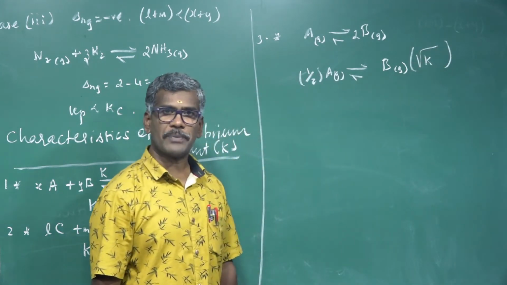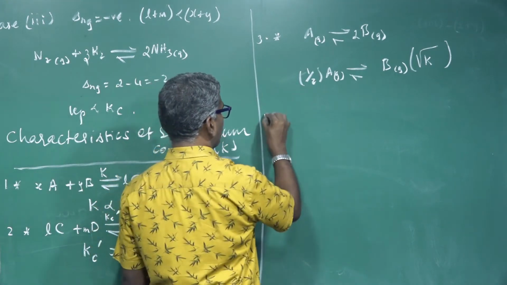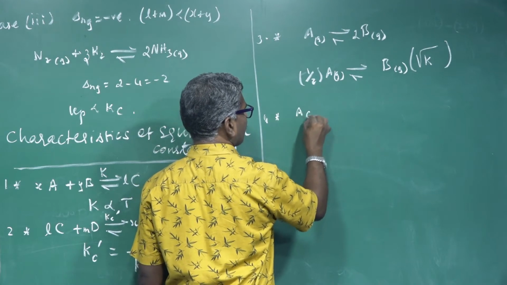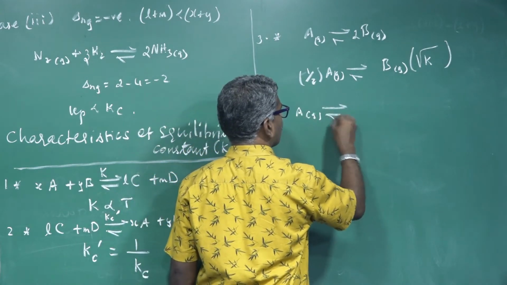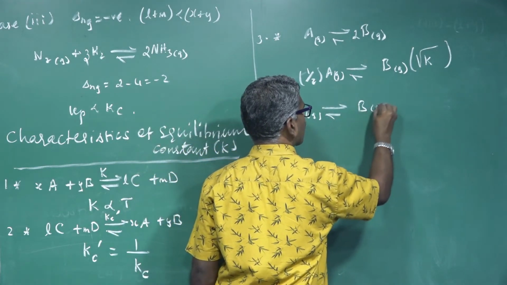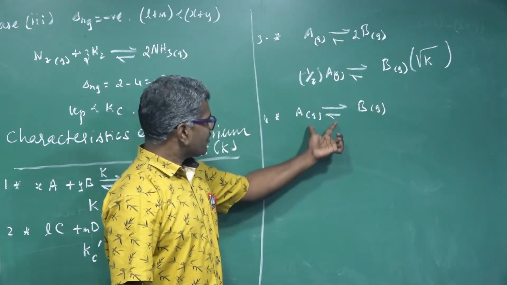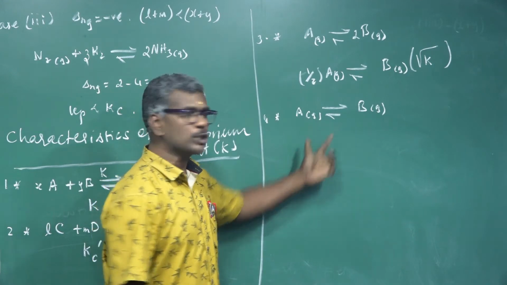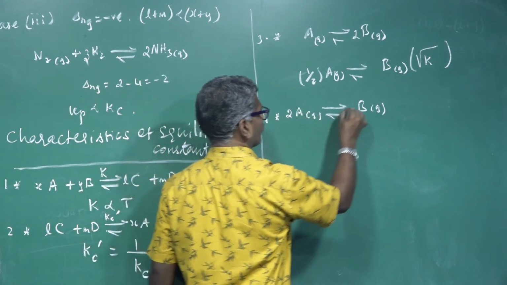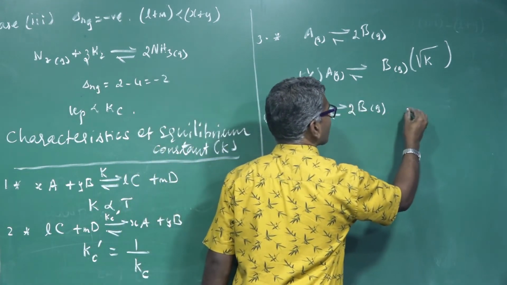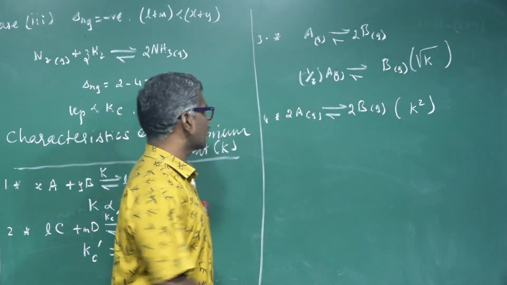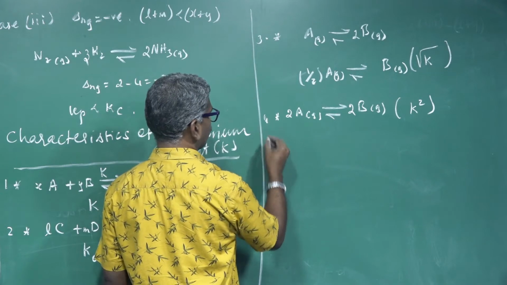This type of question may be asked for 1 mark. Point number 4. If the general chemical equilibrium reaction is multiplied by 2, then the equilibrium constant is squared. This is point number 4.